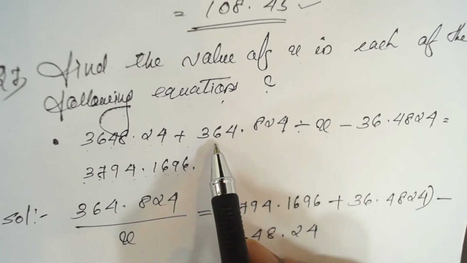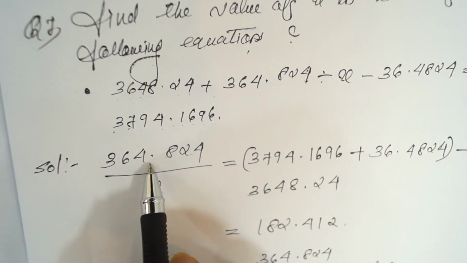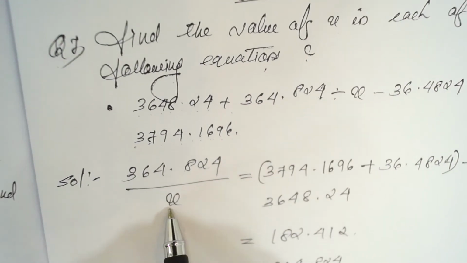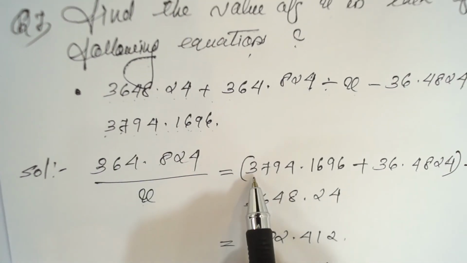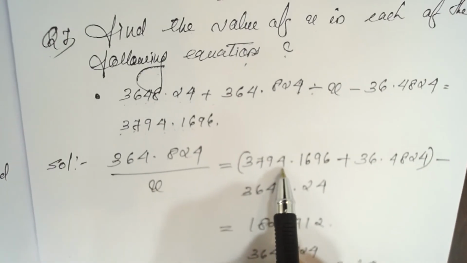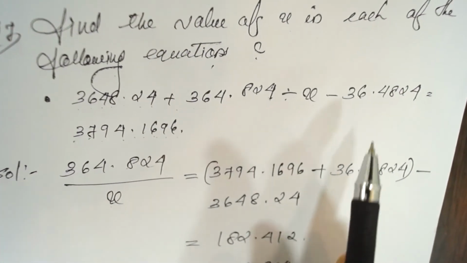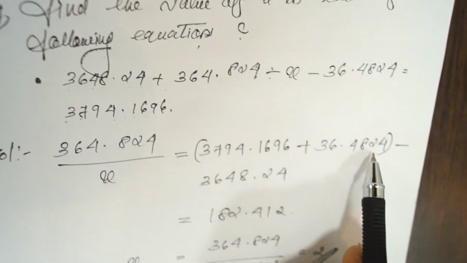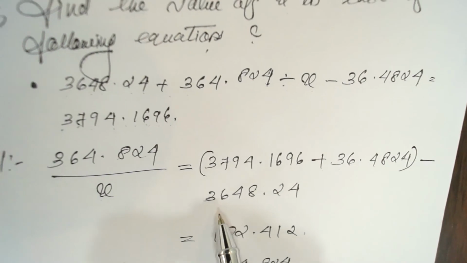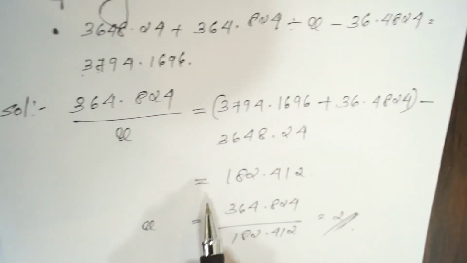So first this division part we can write as 364.824 divided by x, equal to 3794.1696 plus 36.4824 minus 3648.24.